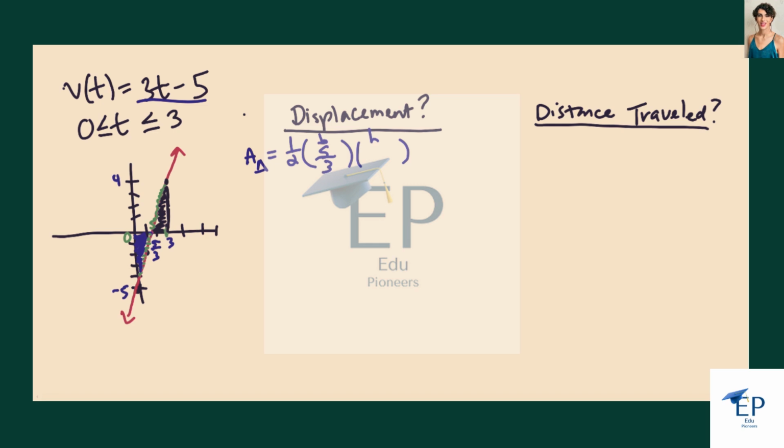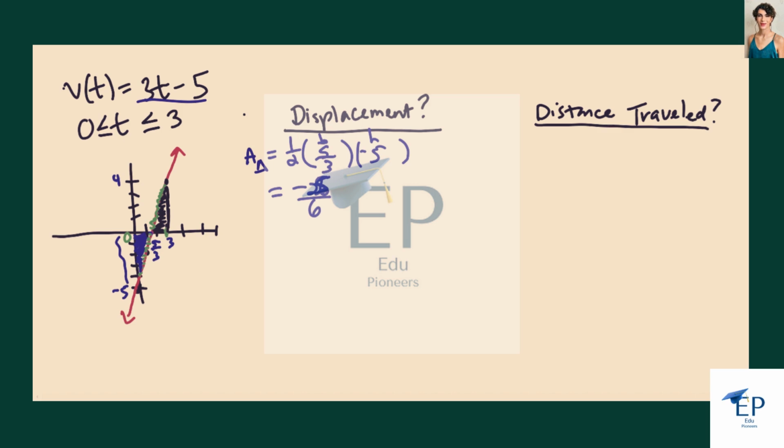And then the height of the triangle is 5, but we're going to count it as negative because the particle is moving backwards, and we want to show that it has backwards motion. So that's negative 25 sixths. Okay, so it went backwards 25 sixths feet or inches or whatever the units are.